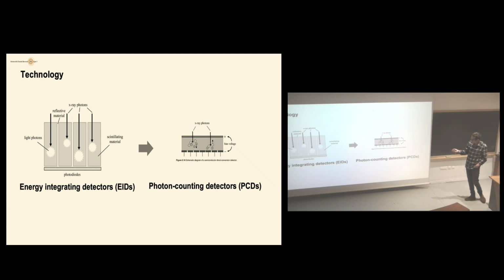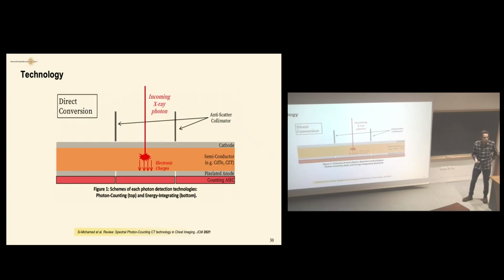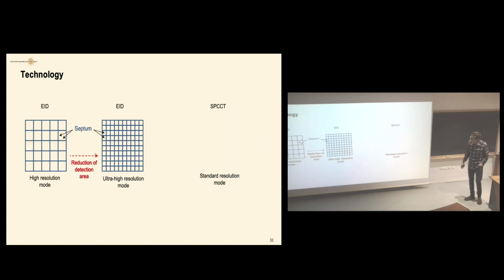One of the most important is that by decreasing the size of the pixel detector, you decrease the number of photons hitting it, which is more efficient in terms of count rate capabilities. So these detectors are a groundbreaking technology because they provide new advantages, first of all, improved spatial resolution.